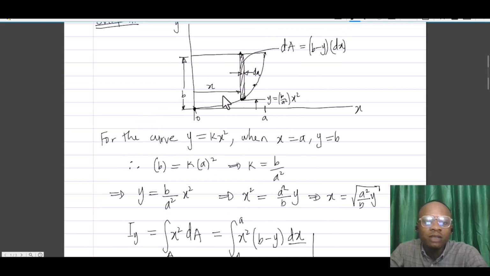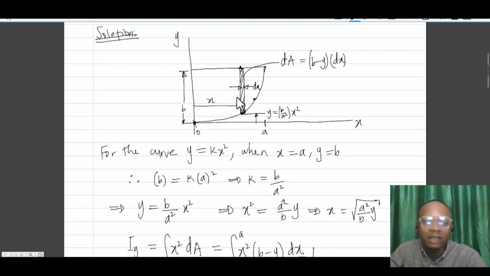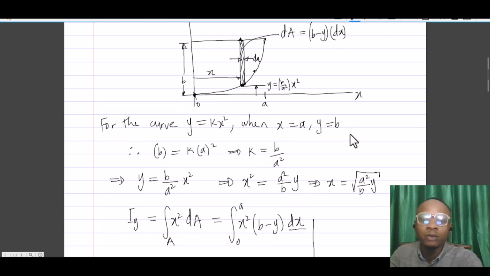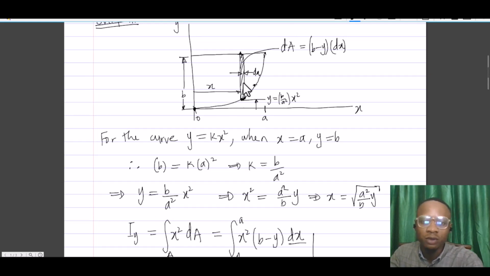So how do we go about that? We know that this is a rectangle, and for this rectangle, we can get the moment of inertia about its centroid. So we locate the centroid of this rectangle, and we get the moment of inertia about the centroid, about an axis that is parallel to the x-axis and through the centroid of the rectangle, then we proceed from there. We will work with this elemental strip that we already formed.